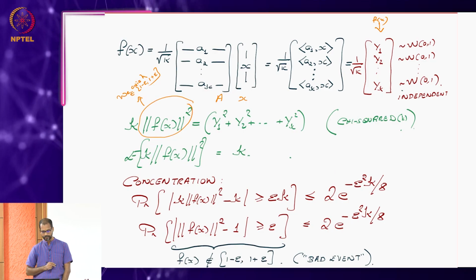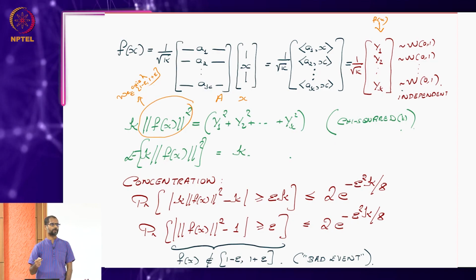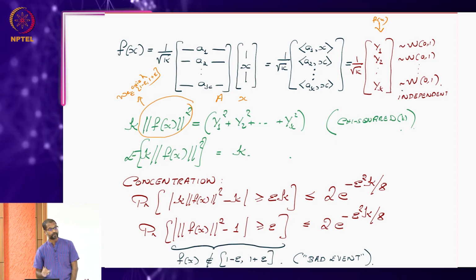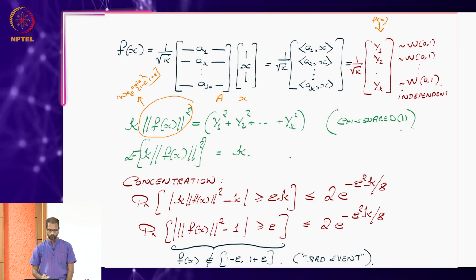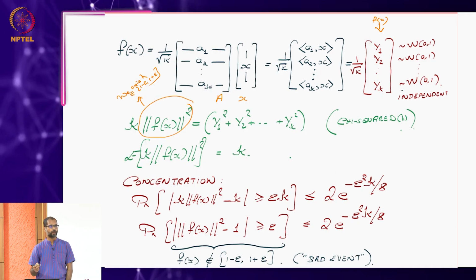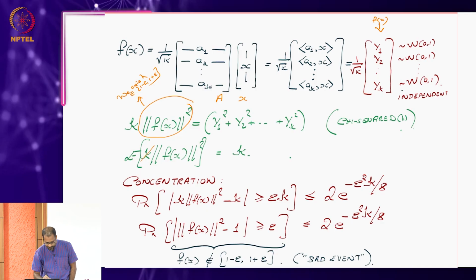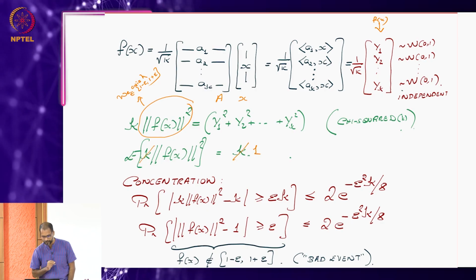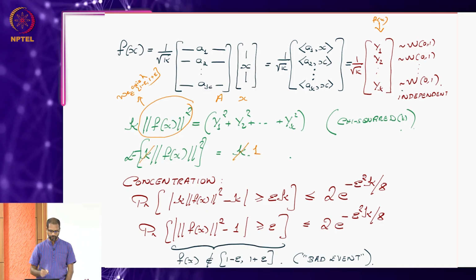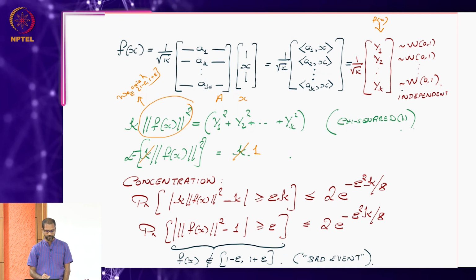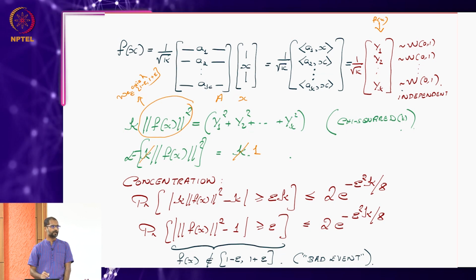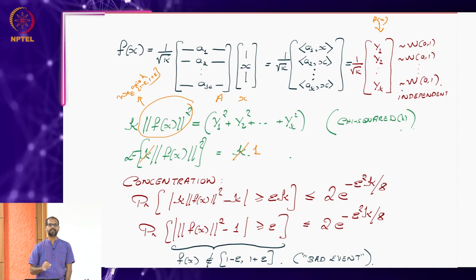Its expectation is k, the number of things you add up, but it is the expectation of k times norm of f x squared. So, what would be the expectation of norm of f x squared alone? Without the k, you can strike out this k and you will get a 1. Okay. We are in good shape, because I want norm of f x squared to be within 1 minus epsilon and 1 plus epsilon. The mean is sitting right at the center.